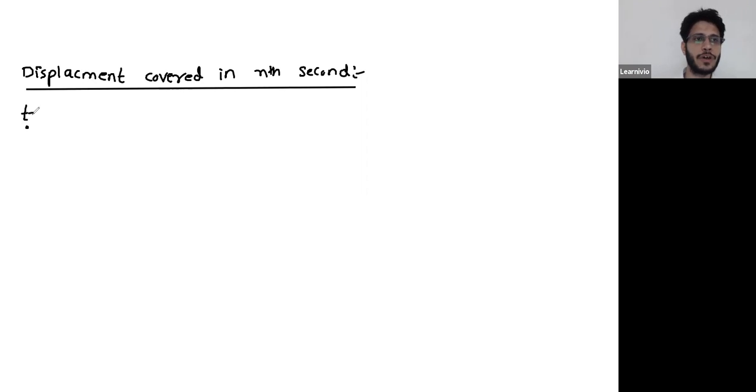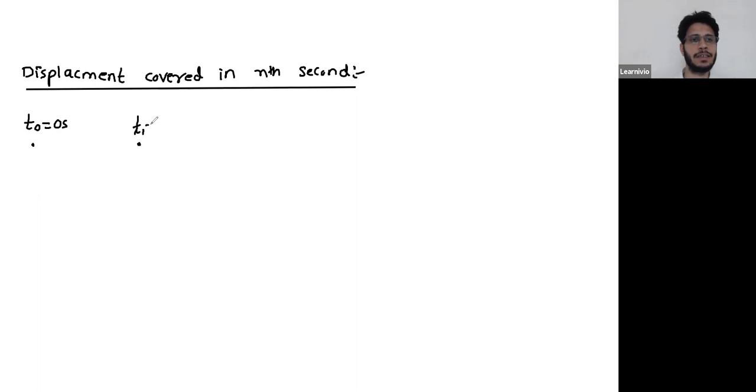Say this is the first instant t0, which is 0 second.